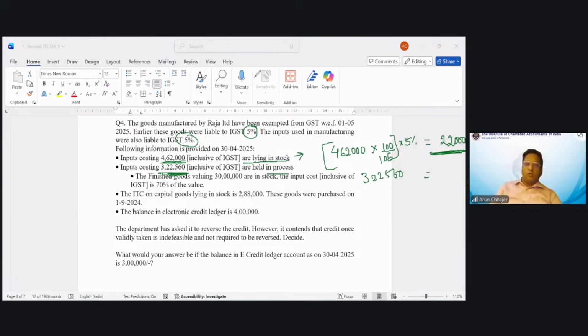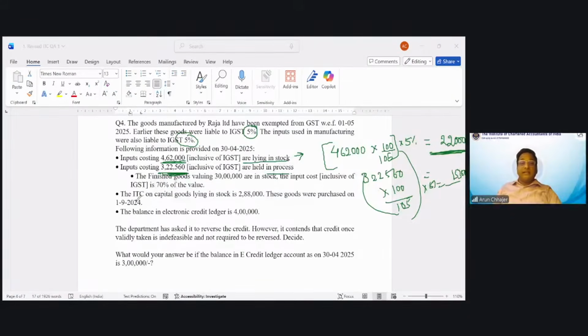So all are saying correct. Again the same point: 100 divided by 105, this will be the taxable value, and multiplied by 5%. How much amount are you calculating? 15,360.